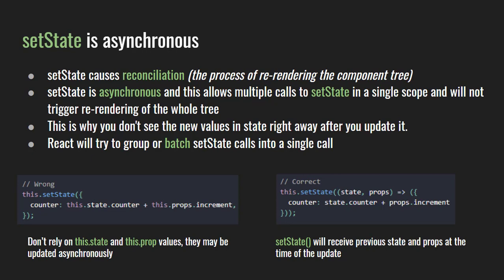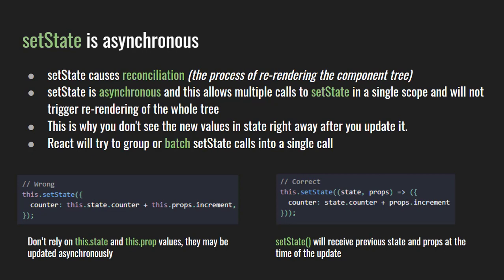So it may be waiting for a bunch of calls and then update the tree after a certain amount of time. That's why sometimes you don't see the new values right away when you update it. You'll get into certain situations about that, but just keep that in mind. Maybe when you're using Axios and you're trying to grab data from the backend, sometimes it's not going to happen right away, but it will happen a second later or something like that.